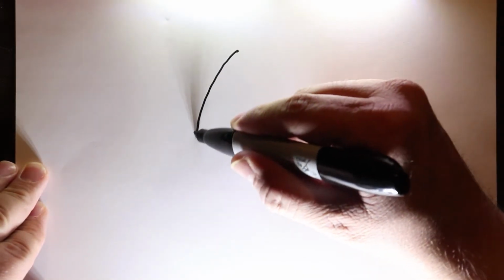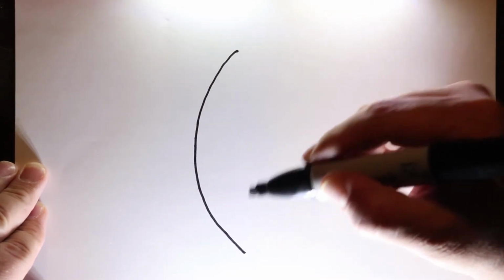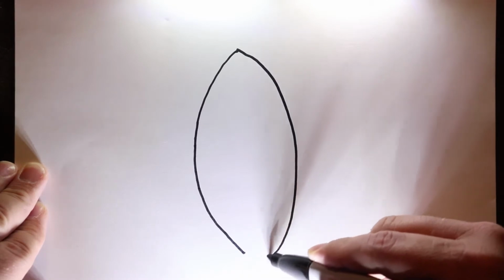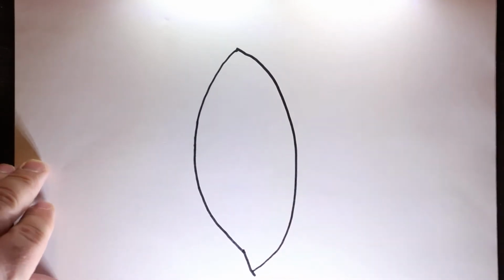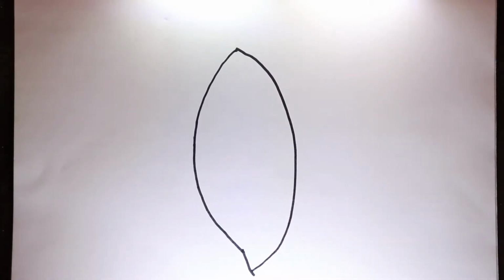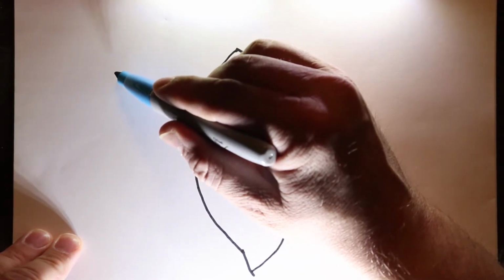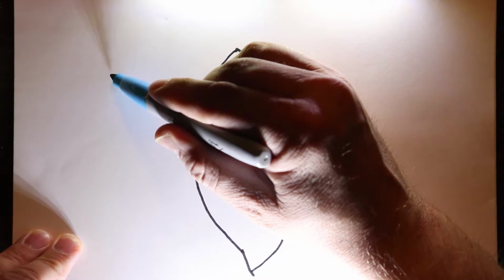And the fact is, there's more to it than that. When the lens of the eye encounters light from an object, this time we're going to make it a little bit different object.